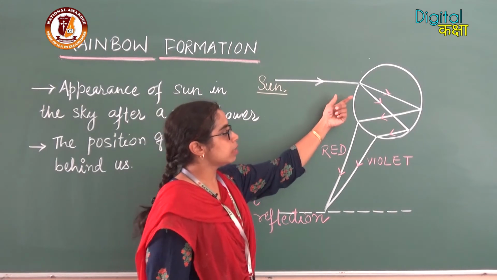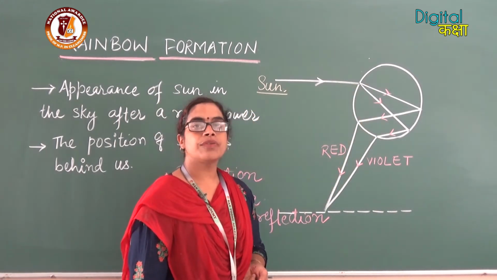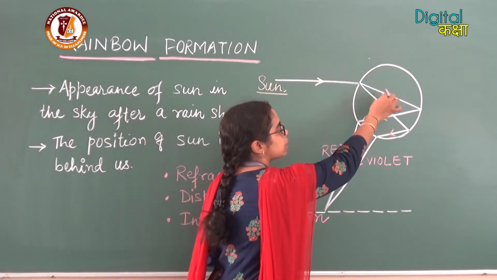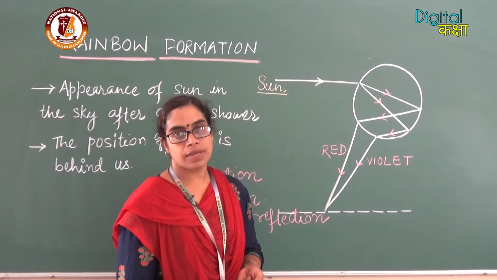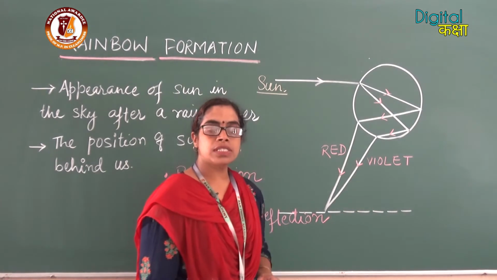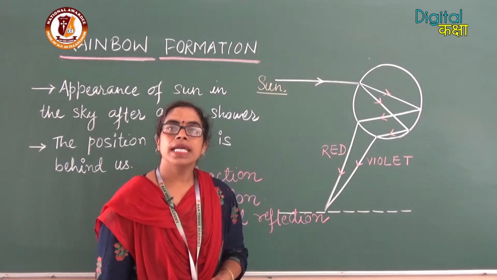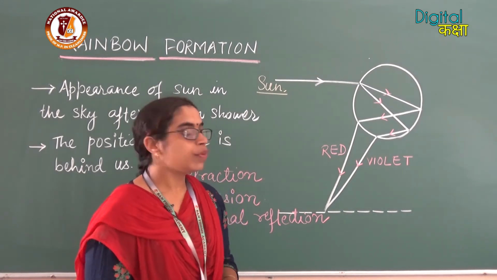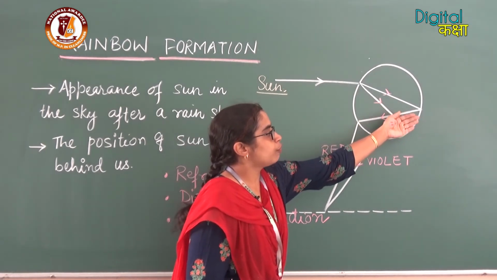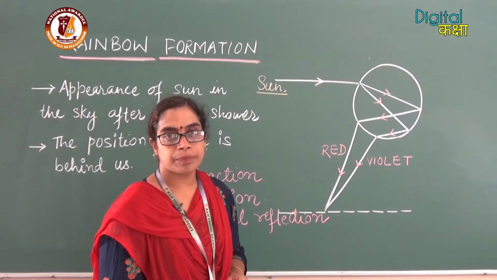When this white light enters the water droplet, according to the phenomenon of dispersion, the white light or the sunlight is split up into the 7 colors. From the other refracting surface, all these 7 colors are reflected internally, meaning within the drop, from the second refracting surface the colors are reflected back.